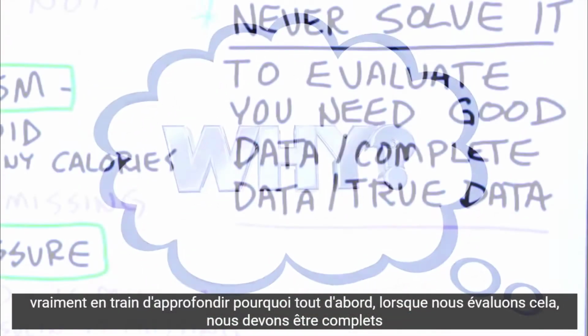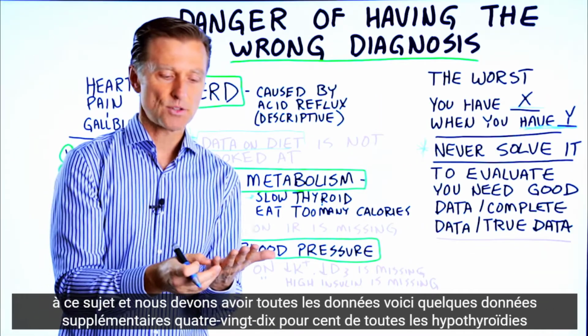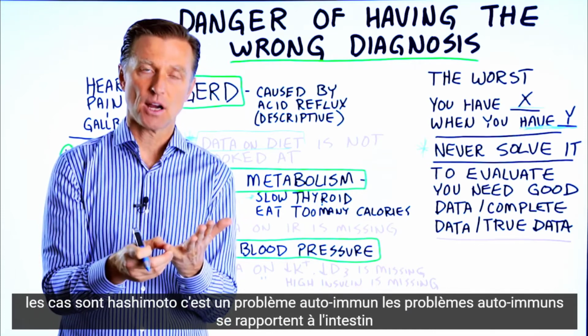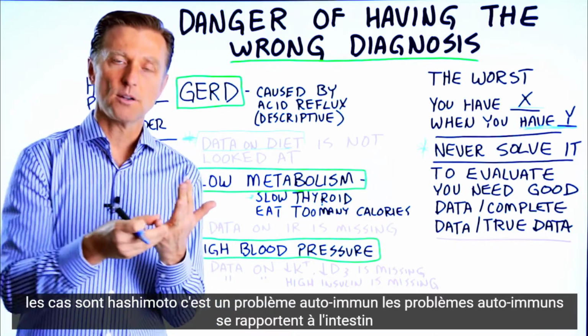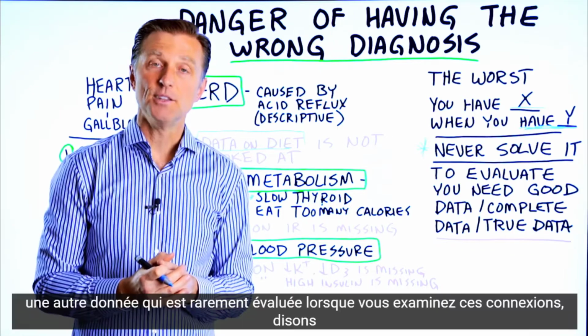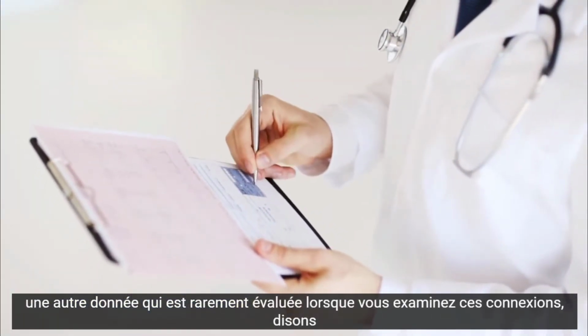First of all, when we evaluate this, we have to be complete about it, and we have to have all the data. Here's some extra data. 90% of all hypothyroid cases are Hashimoto's. That's an autoimmune problem. Autoimmune problems relate to the gut. Another piece of data that's rarely evaluated when you're looking at these connections.